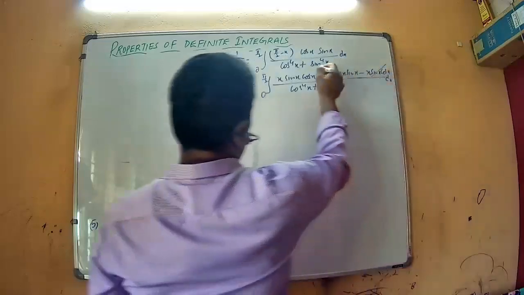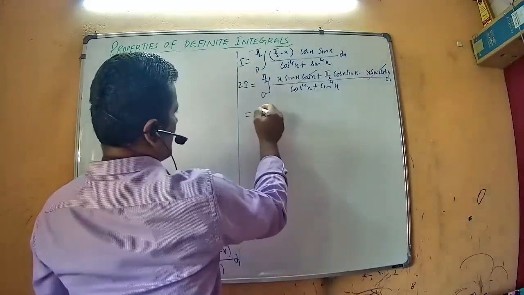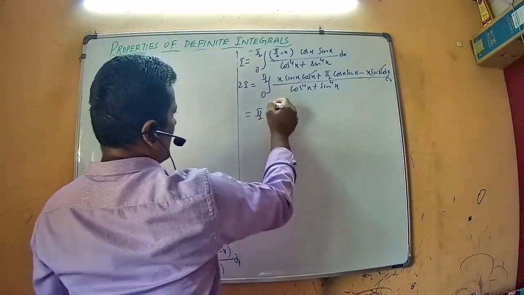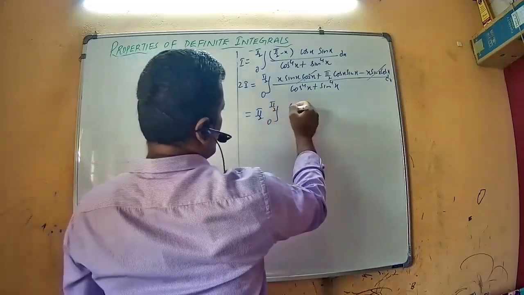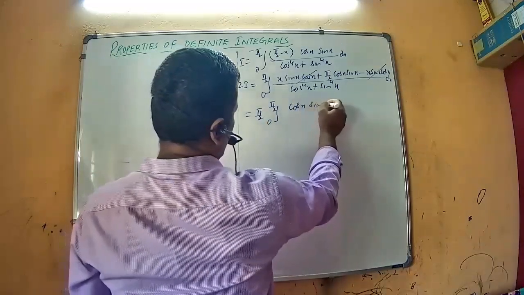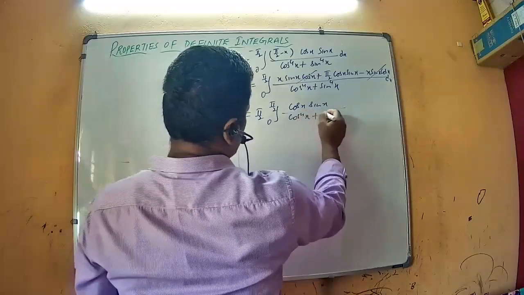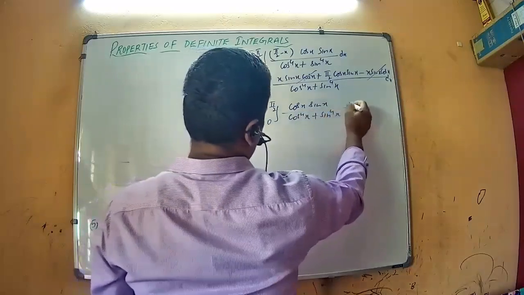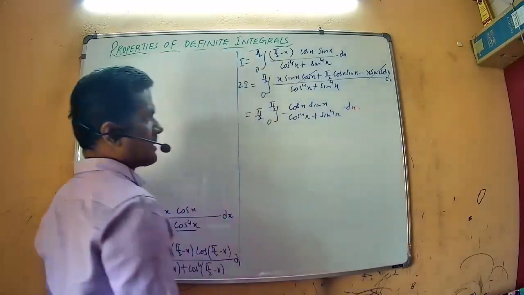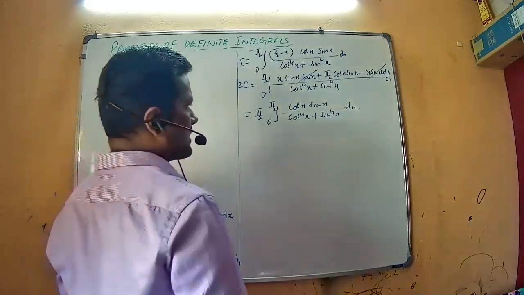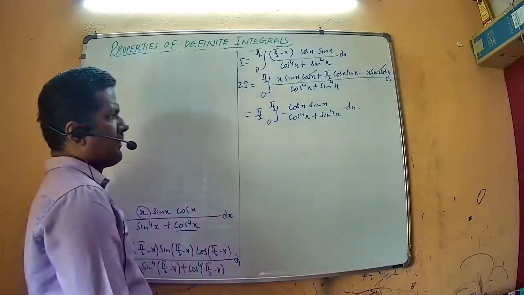So these two will get cancelled and you will be left with pi by 2, write it outside, integral of 0 to pi by 2 of cos x into sin x by cos power 4x plus sin power 4x.